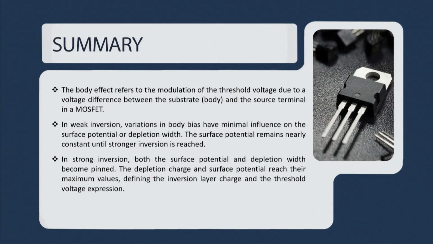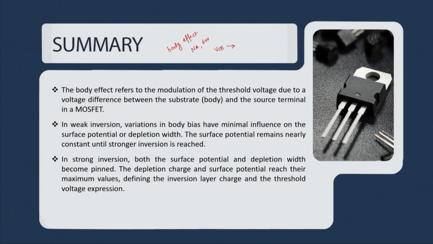So let me summarize this lecture, where we have discussed thoroughly the body factor or body effect. We said that the substrate doping Na and the oxide thickness play a crucial role in deciding your channel charge, or ultimately it requires more gate voltage to cause the same amount of inversion. We have also seen the influence of VCB in weak inversion and strong inversion.